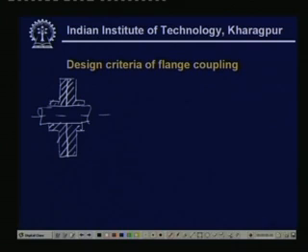So, these are the two flanges which are connected by bolts.